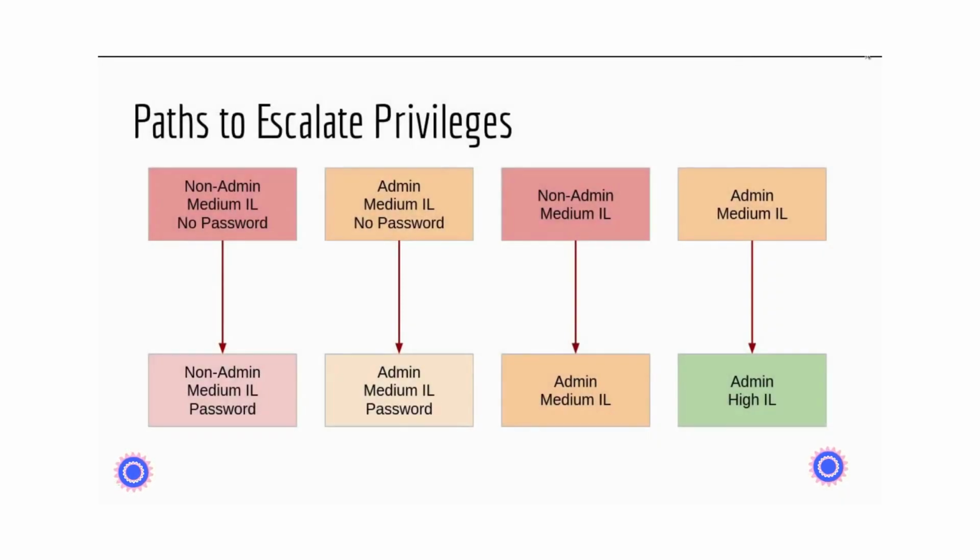During the course, we're going to cover several paths of privilege escalation. Starting from a non-admin, low privileged user running in medium integrity without any password, we'll go through getting credentials of the running user or other more privileged users in the system.